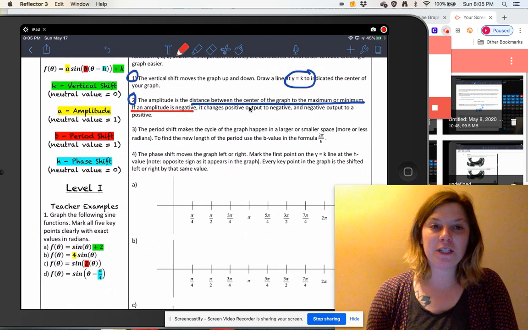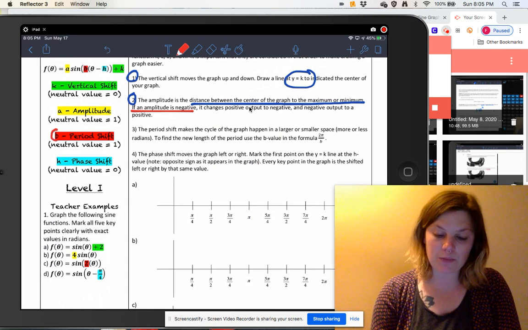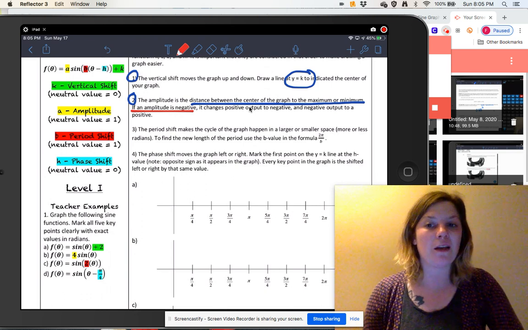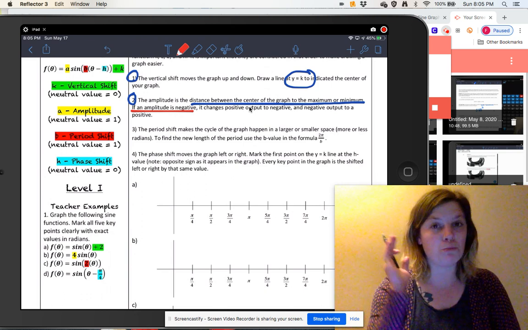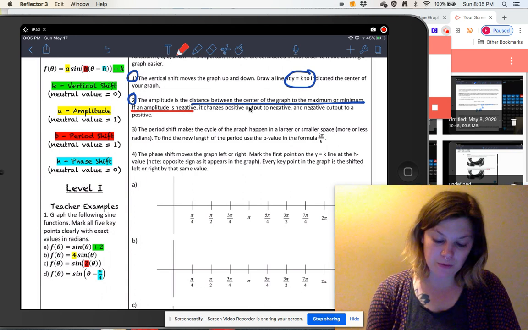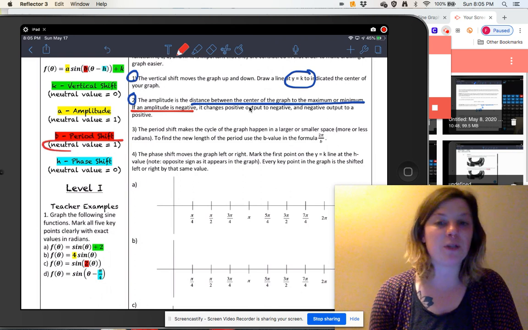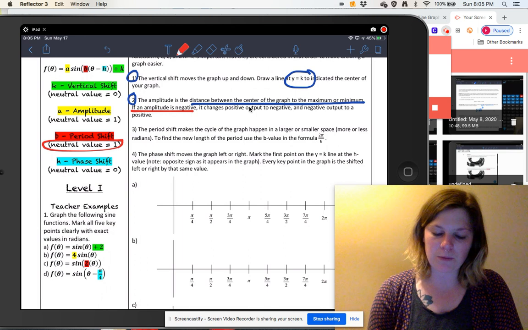Let's look at the period shift. So the period shift is the B value. You can see that's right in front here. It is multiplying by theta. So because B is in front of a parenthesis, remember that means multiply. If it's not there, right? If we don't see it, we know it's a secret one. So similar to the amplitude, it would be a secret one.